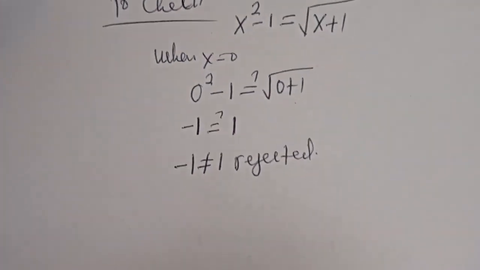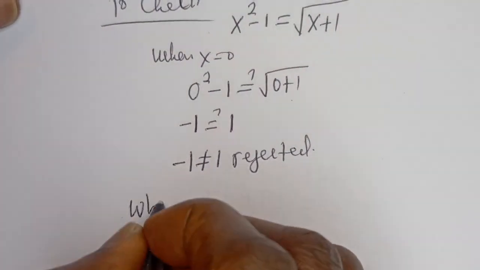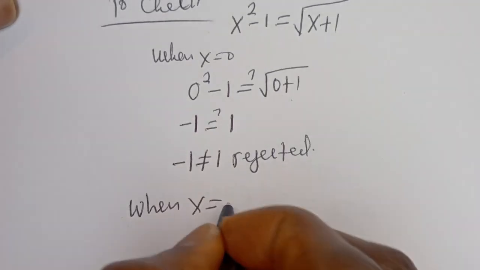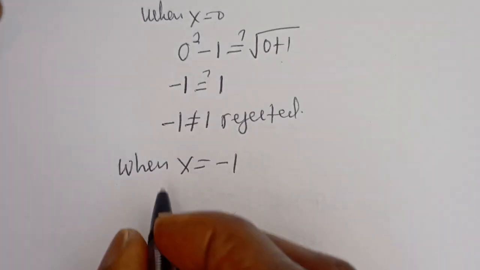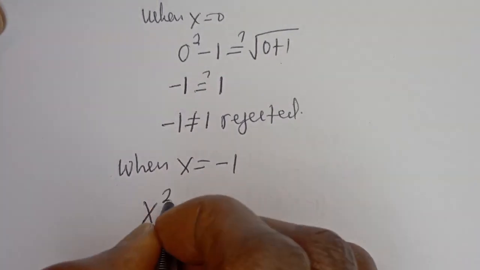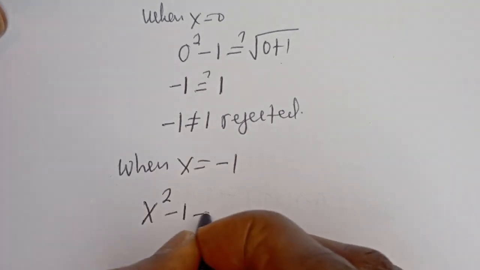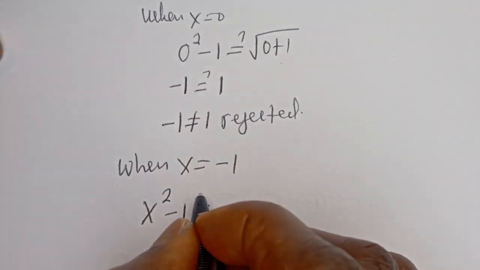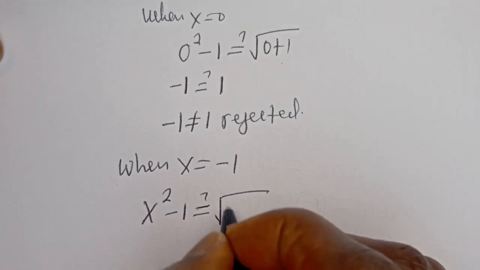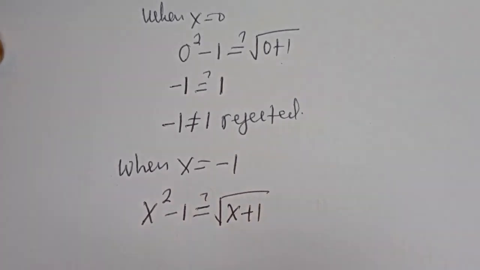Now, also, when s is equal to minus 1, we have s squared minus 1 must be equal to square root of s plus 1.